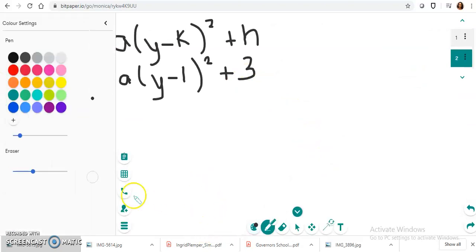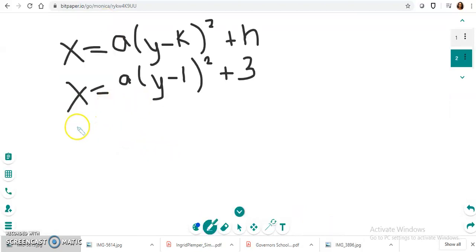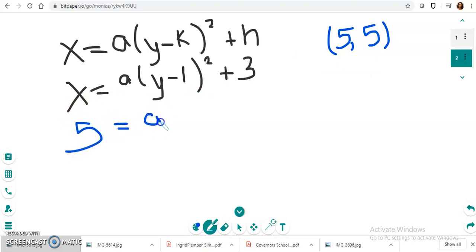So the point that I'm using is (5, 5). Plug that in to find out what a is. 5 is x, looking for a, y is 5 minus 1 squared plus 3.